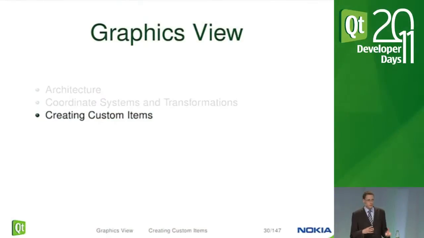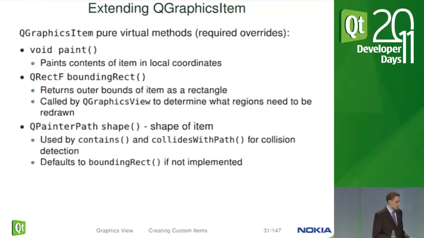Then we will look at event handling, so how can I interact with my own item. If I click on my monster in a specific area, it might trigger some action. And finally, we'll look a bit at collision detection. The API for that is all in QGraphicsItem.